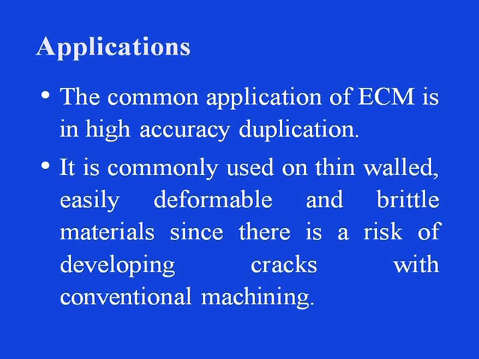Now, let us quickly look at the applications of this process. The common application of this process is in high accuracy duplication. It is commonly used on thin walled, easily deformable and brittle materials, since there is a risk of developing cracks with conventional machining.